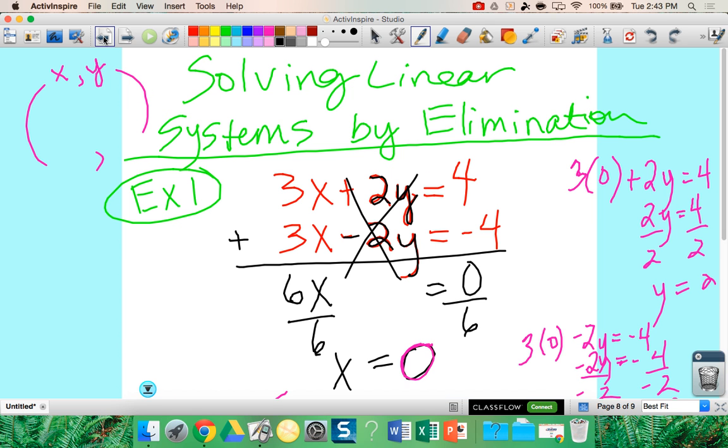Because here we had a positive 2y and a negative 2y. So therefore, if you have the same coefficient but opposite signs, that means that you can eliminate that. So this one we were already set up to eliminate that y term.